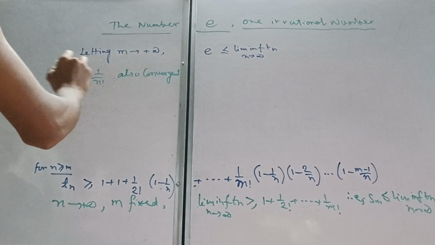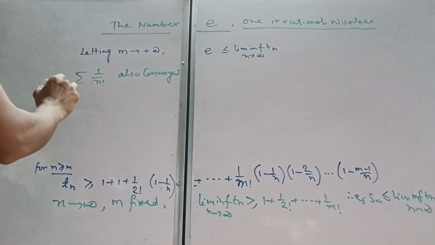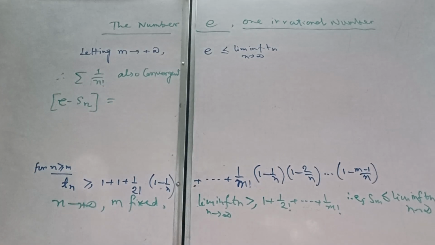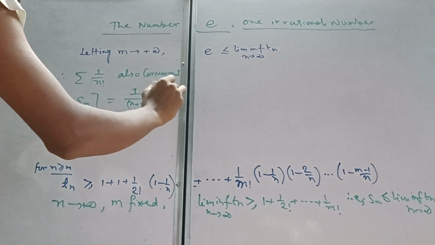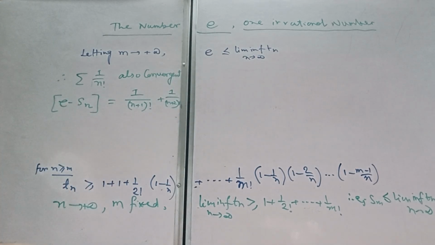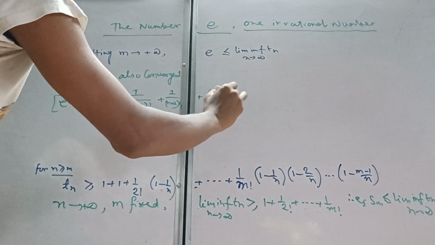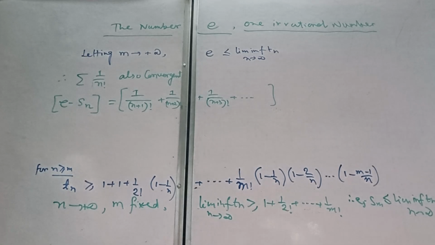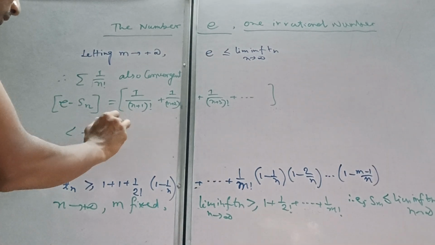And the difference e minus Sn is equal to 1 by (n plus 1) factorial, plus 1 by (n plus 2) factorial, plus 1 by (n plus 3) factorial, and so on. This is less than 1 by (n plus 1) factorial.